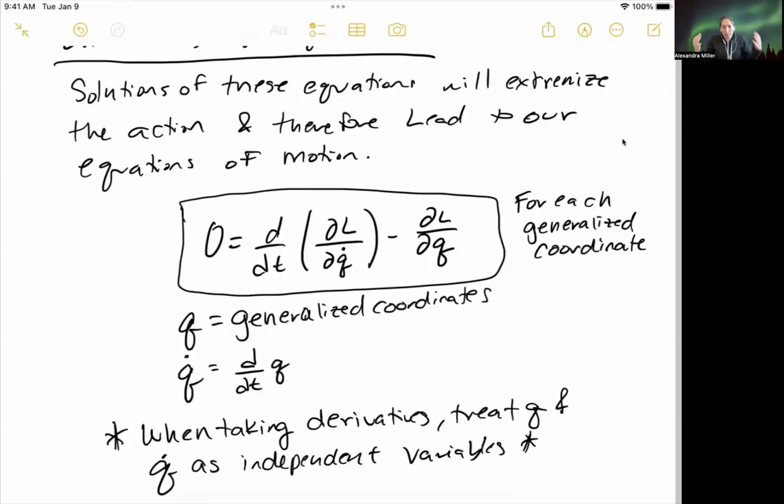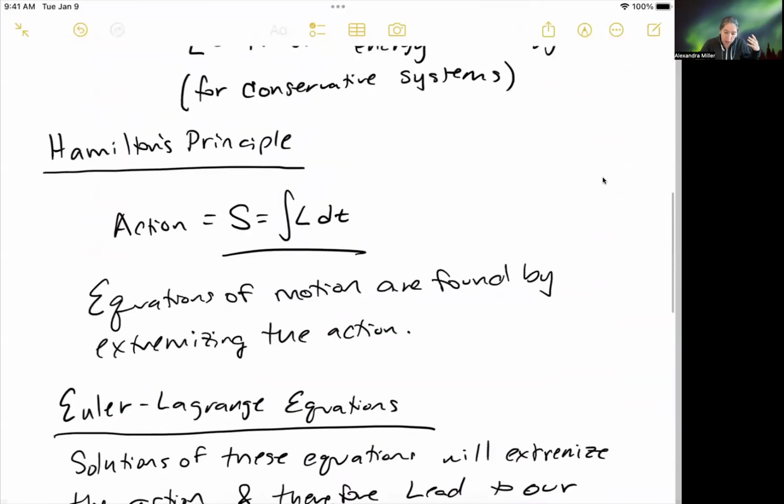Okay, to better understand this, I think you need to go through some examples in detail to get a grasp of these equations. But at the end of the day, in order to make progress in this class in particle physics, you don't really need to be an expert in doing these things. It's just good to have it in the back of your mind that there's this whole other way of doing classical mechanics that involves this object called a Lagrangian.